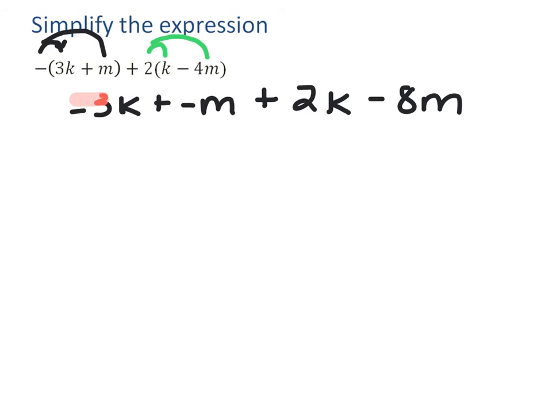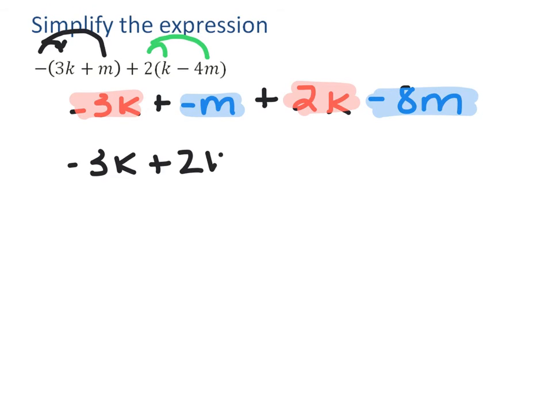Now we're going to combine our like terms. So we have negative 3k and 2k and negative m and negative 8m. So we can rewrite our expression with our like terms together.